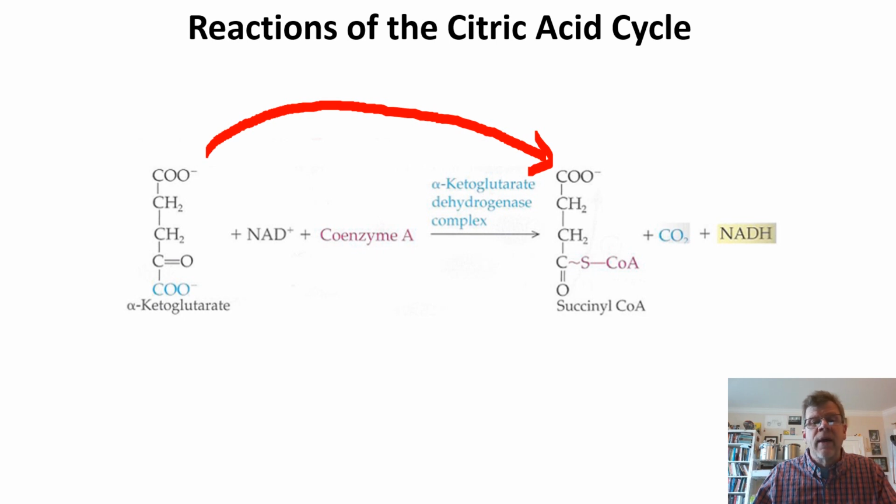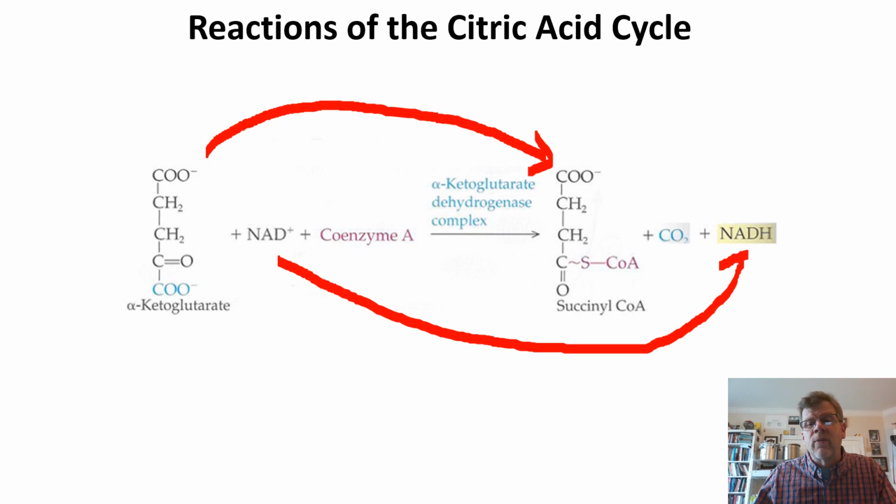How do I know that? Because I know that this is a concurrent reduction. Again, NAD to NADH. And both this reaction and the last reaction drove the formation of NADH, which is a reduction. So the carbon reaction must be an oxidation.